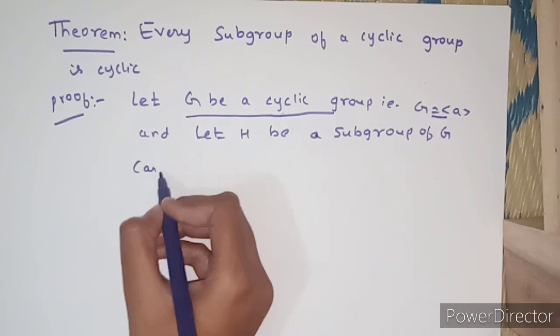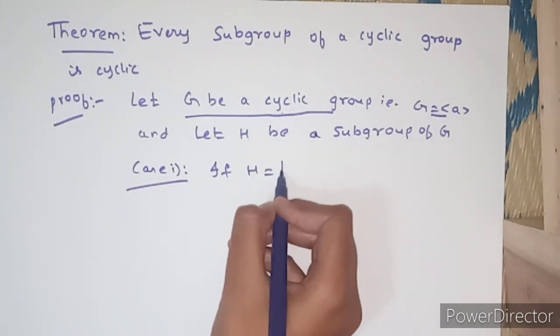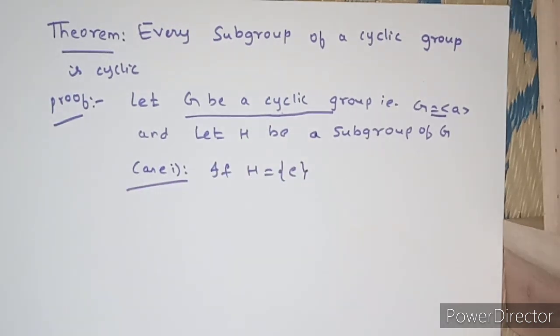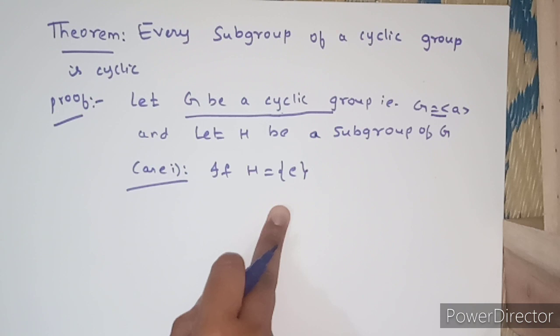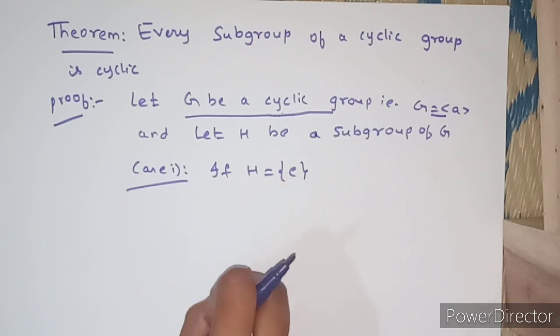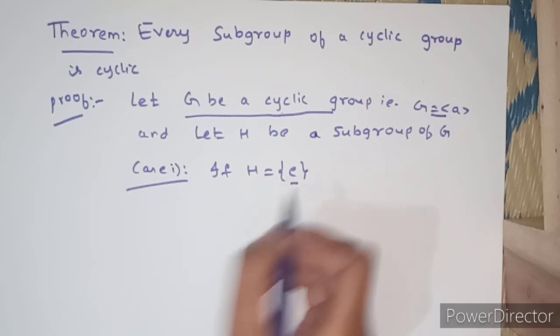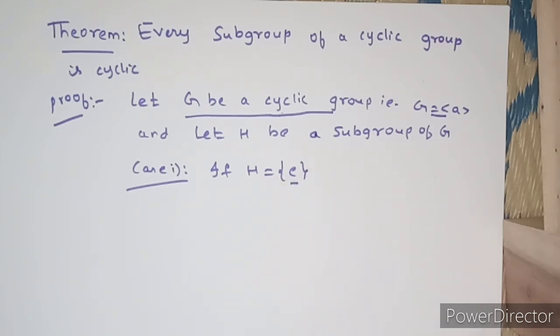Case 1: if H contains only the identity element e, that means H is the trivial subgroup. Now here we have to show H is cyclic. To show H is cyclic, one element should generate the entire set H.